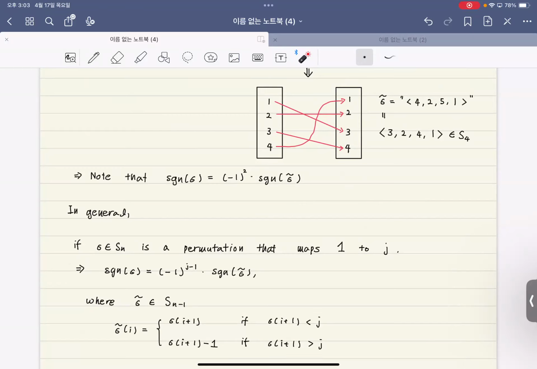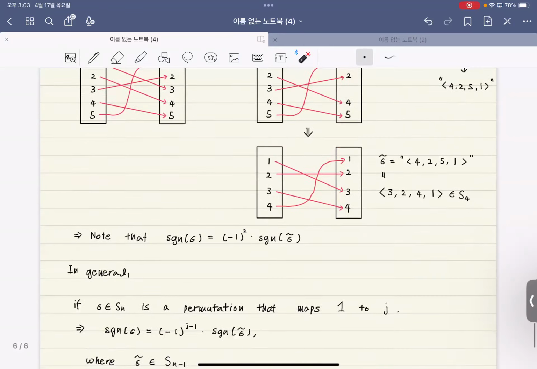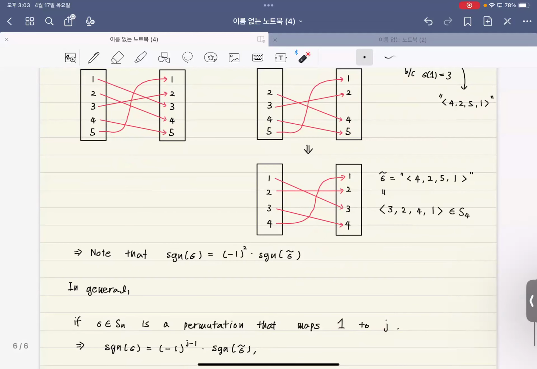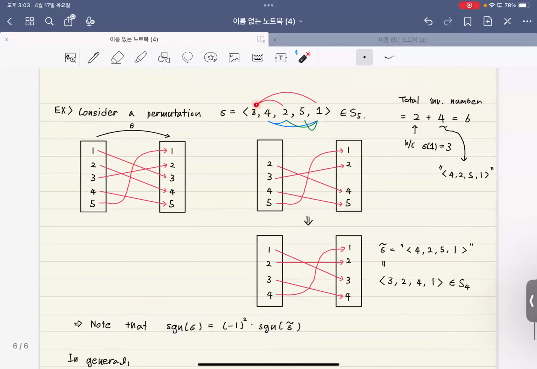So I'm doing the same thing. Here I put (-1)^(j-1). This is because if 1 maps to j, then the first letter that appears in this permutation must be j. Then there must be j minus 1 integers appearing behind the first integer, which are less than j.